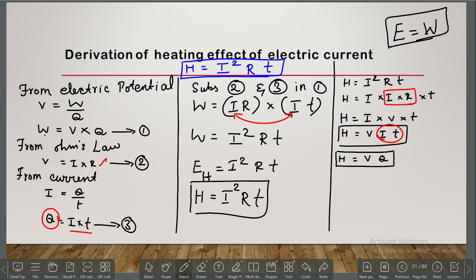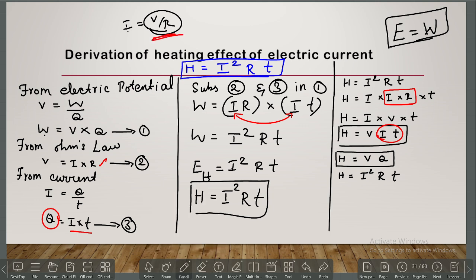And then, if I rearrange in a different order, what is the final formula I obtained? H is equal to I square R T. V equal to I into R means, therefore I is equal to V by R. So instead of I, we substitute this value.